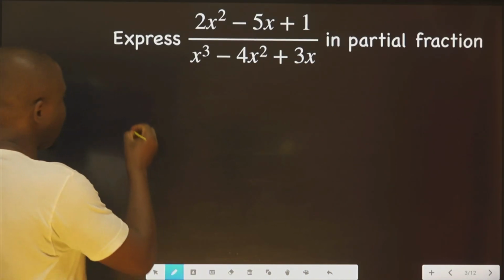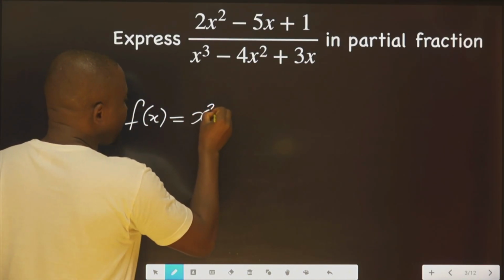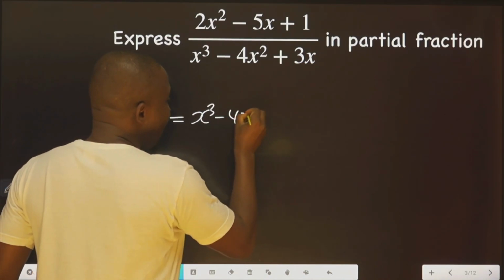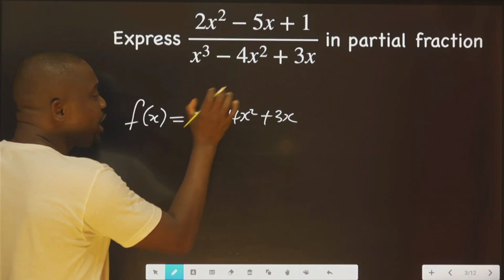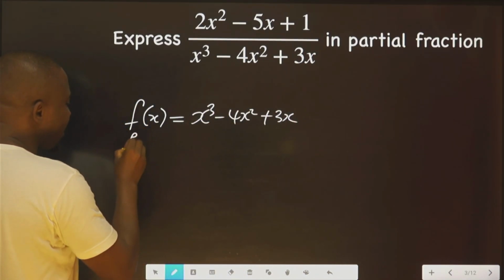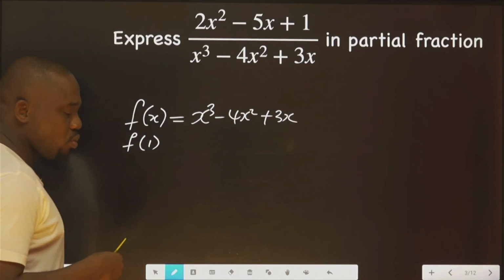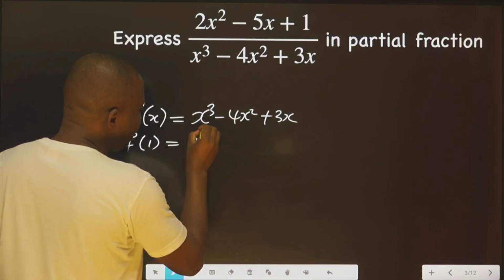That is to say, this equals s raised to the power 3 minus 4s raised to the power 2 plus 3s. We need to equate it to 0 through trial and error. We first of all say s is equal to 1. Let's try 1. Then we put 1 in place of this s.